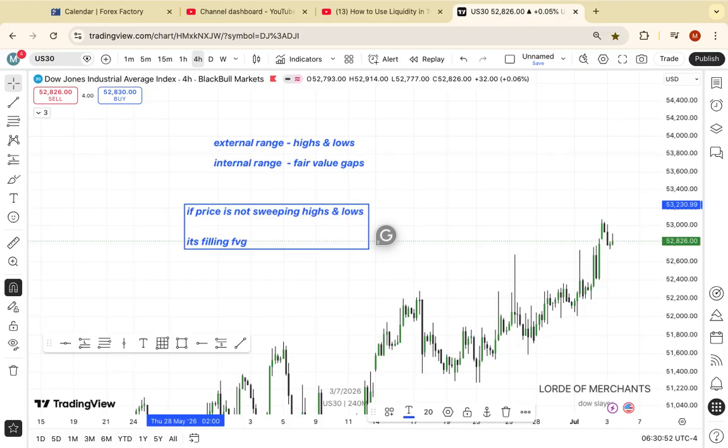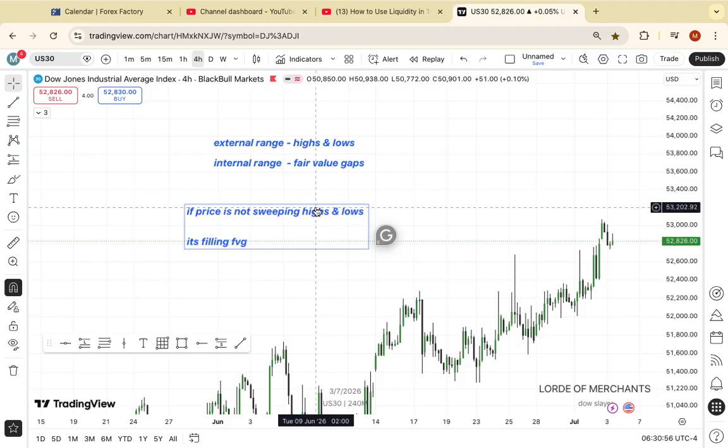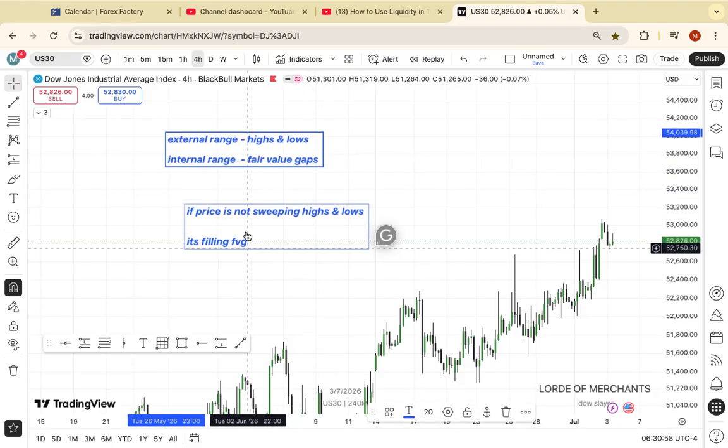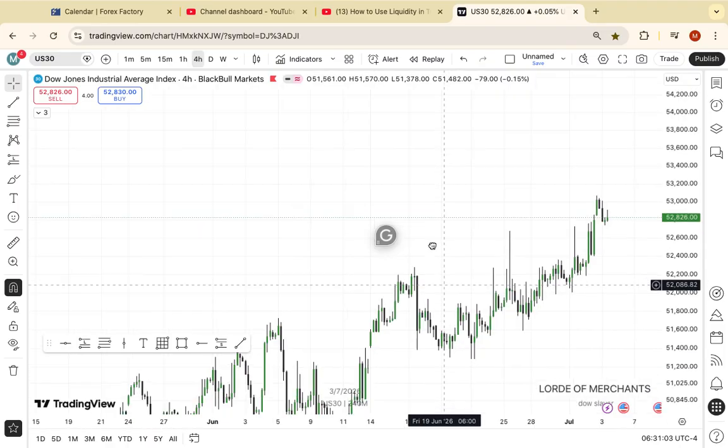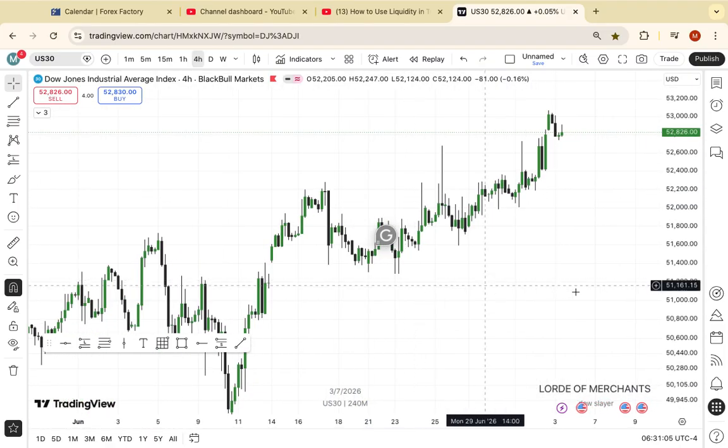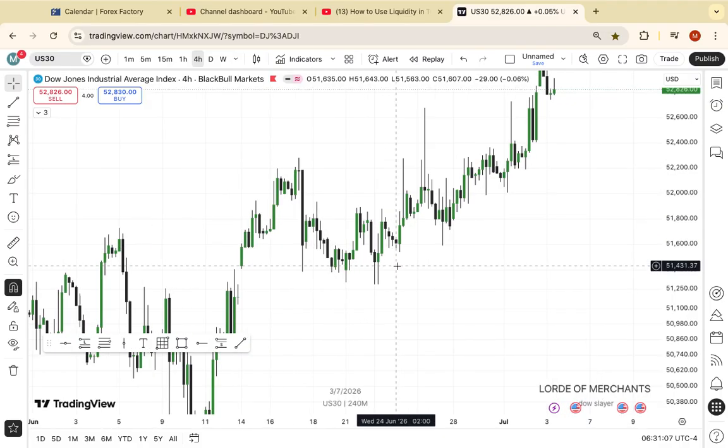Okay, that is the simplest way to explain the internal range to external range liquidity. So in simple terms, that is simply what we refer to as liquidity. So let's get into the charts, and then I'll show you the types of liquidity and how you can use them to your advantage.